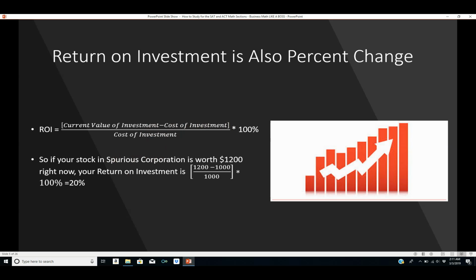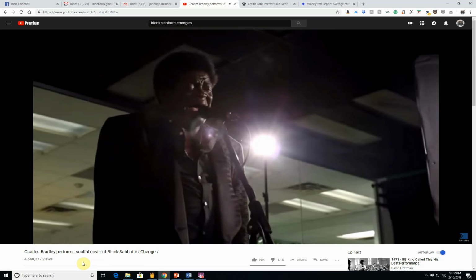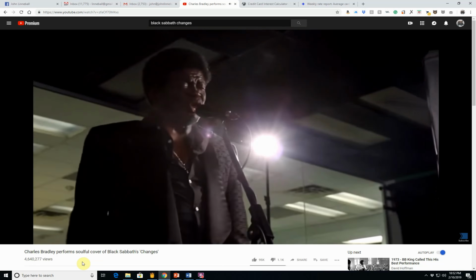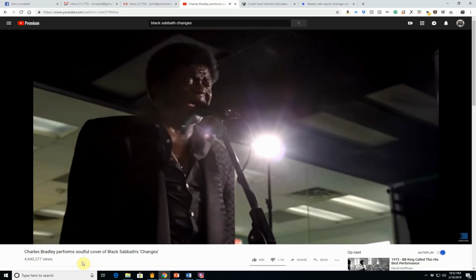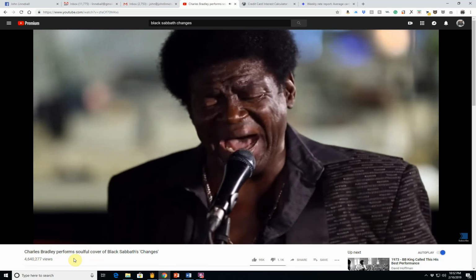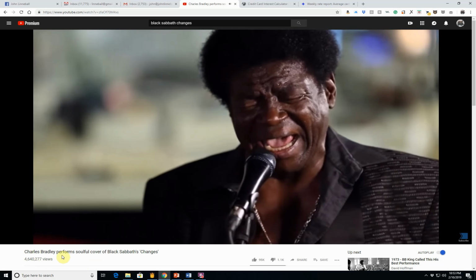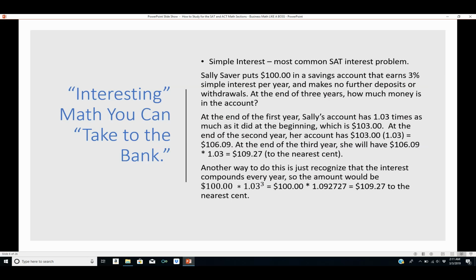So again, using the same numbers, you could have those numbers as the numbers in a profit problem, the numbers in return on investment, or the numbers in lots of other things. So, interesting.